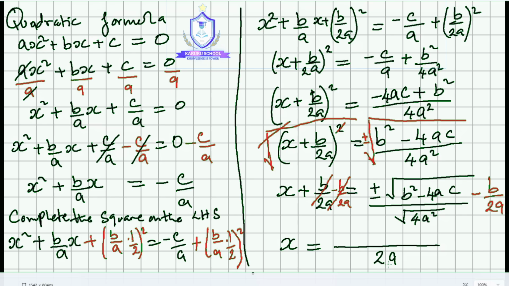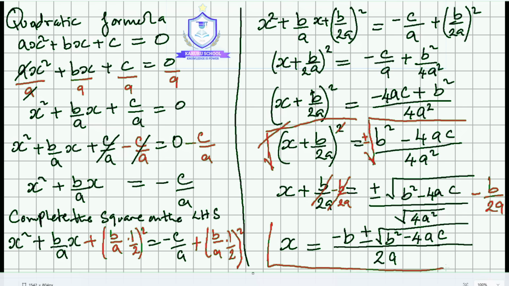So we can have the LCM of 2a and 2a being the same. And then since we have negative b here, which is not under the square root, we can start writing it down. So we have minus b plus or minus the square root of b squared minus 4ac, all over 2a, and this gives us the quadratic formula for finding the value of x.